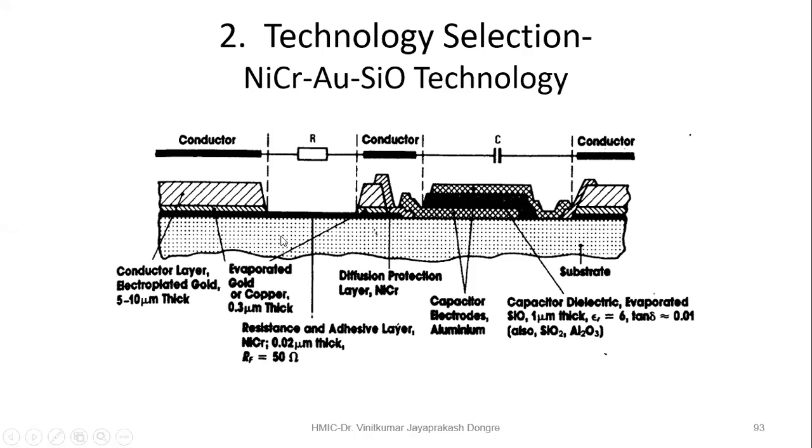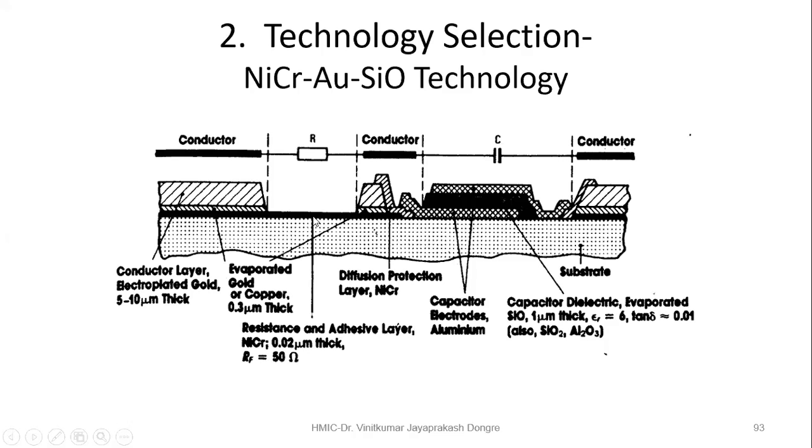Now the very first is the conductor. How is the conductor layer made? Here the conductor can have two layers. Below, on the substrate, you will have a very thin adhesive layer, which is NICR.